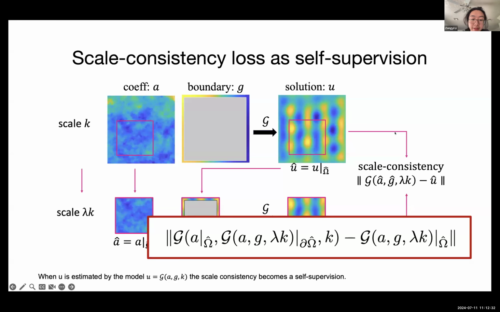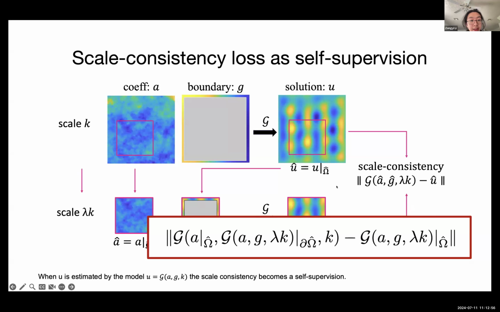Taking one step further, even if we don't have labeled data on the large domains, we can still enforce such a consistency loss. We just randomly sample coefficient A and the boundary G, and we enforce that the model evaluated on the large domain should be equivalent to the model evaluated on the small domain.